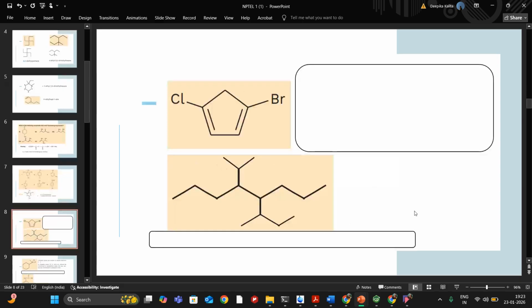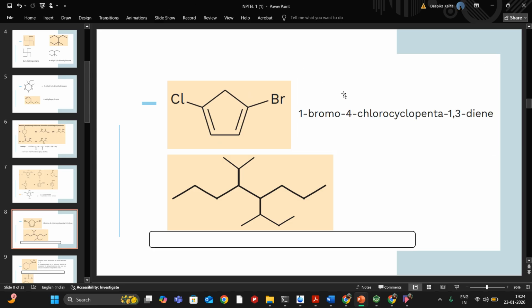Now, we will solve another question which has a cyclopentadiene ring. And this ring has 2 halogen substituents, bromo and chloro. So let us try to solve this question. So the parent carbon chain will be a cyclopentadiene. So this 5-membered ring will have 2 substituents.